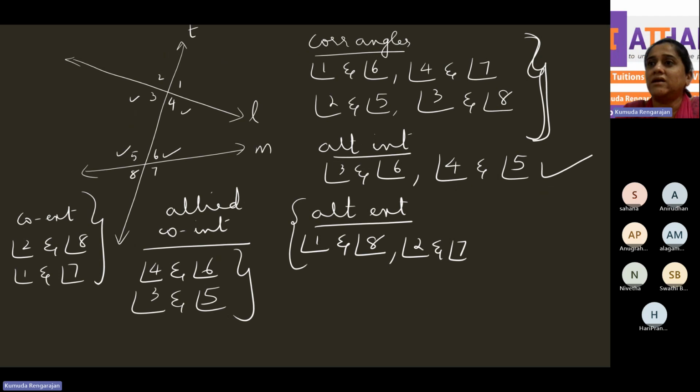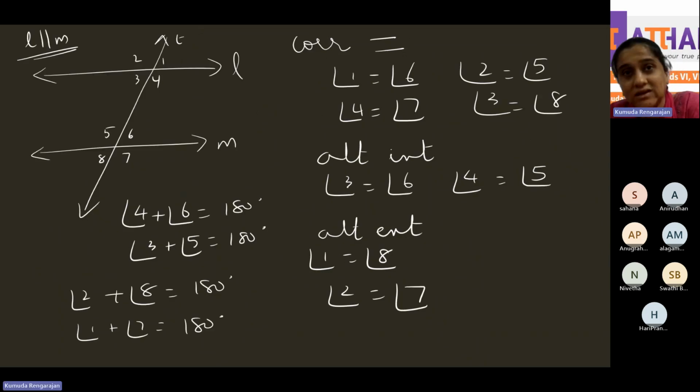When the lines are not parallel, all those names exist, but the angles are not equal or not supplementary, as the case may be. Is that fine? All right.